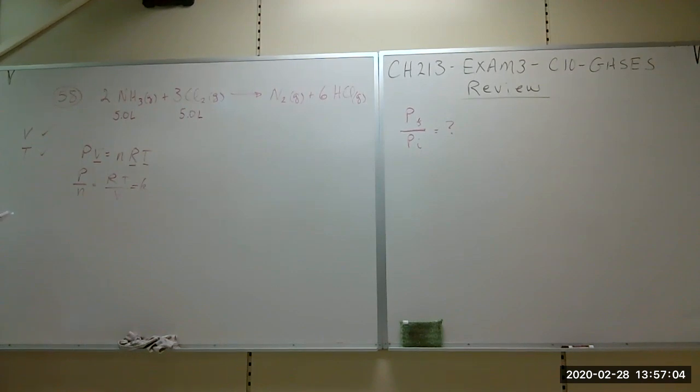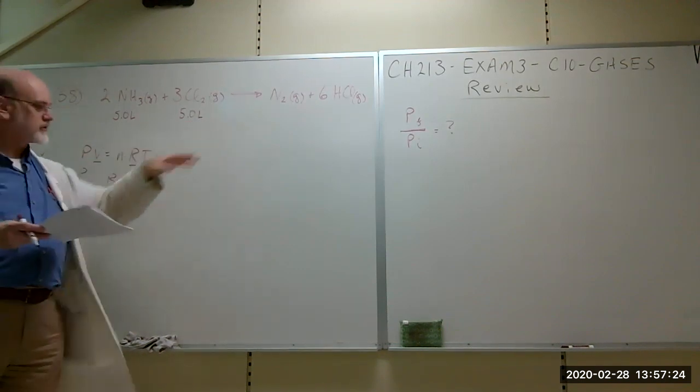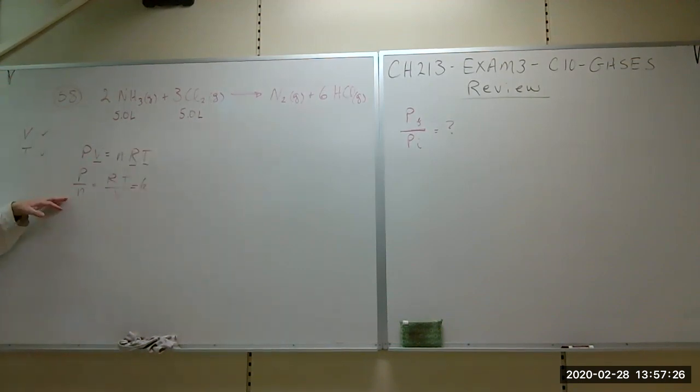Okay. So that just says as the pressure increases, the number of moles increase. So if we determine the number of moles, initial, at beginning, and before and after, then that will equate to the pressure. So the ratio of the pressures is also related to the number of moles before and after.